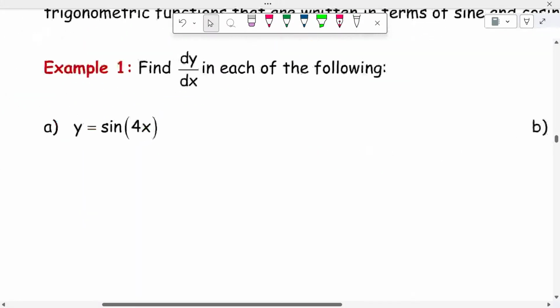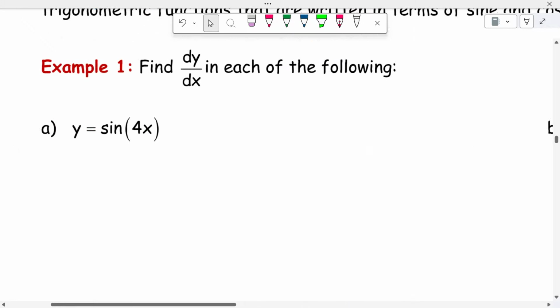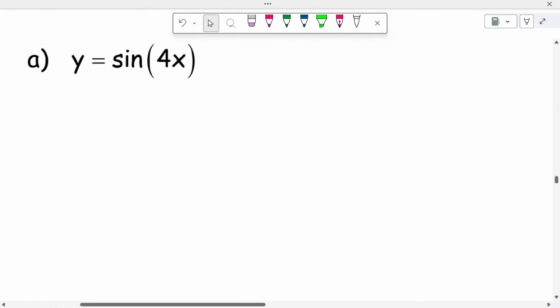All right, so find dy dx in each of the following. So we're going back to chapter 2, all of our rules. So this little guy here, again, the angle position, right? If there's something in there, you're doing chain rule. Okay? So you start on the outside and work your way in. So if I want to do the derivative of y equals sine 4x, right?